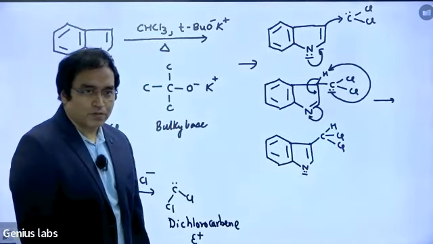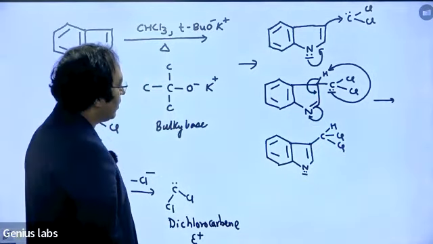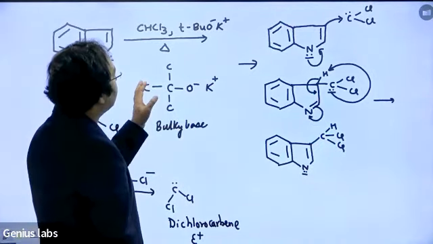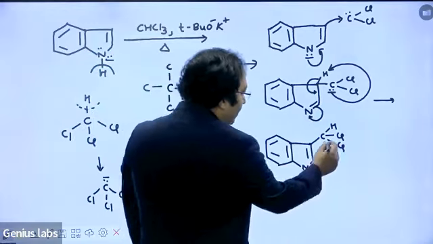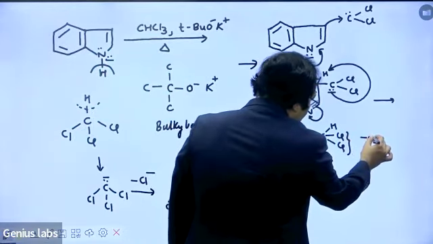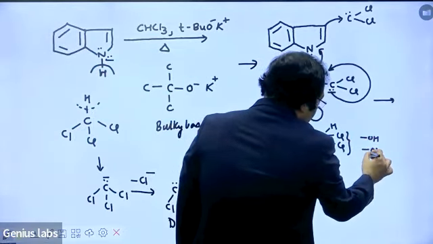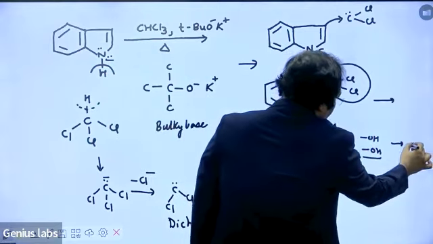Can I get this structure? Any problem? And if, let's say, there is a supply of OH minus later, I could also change these Cls to OH, and 2 OH can become a double bond.